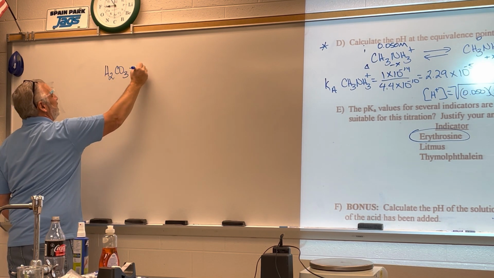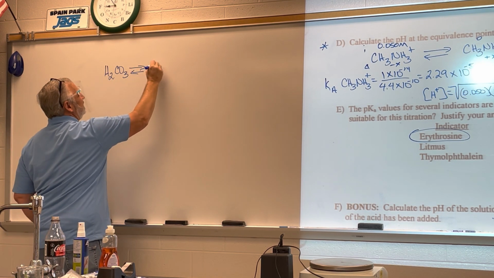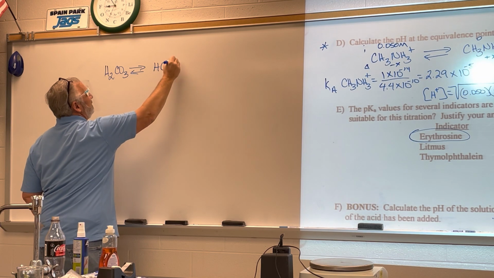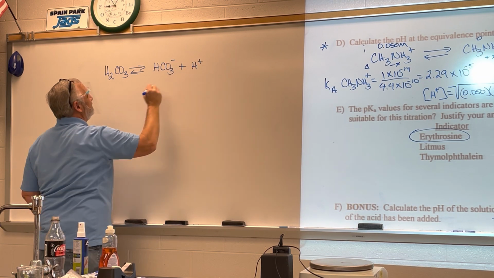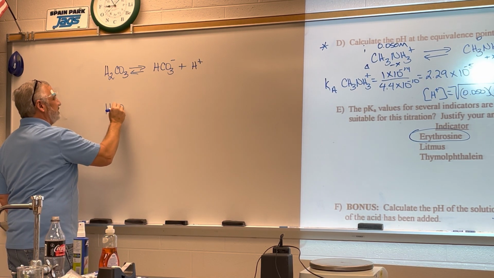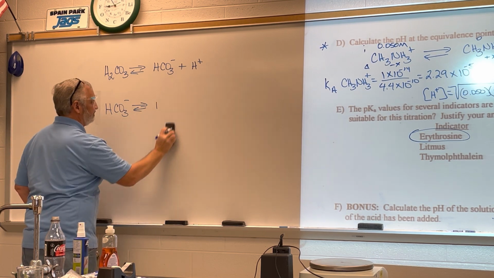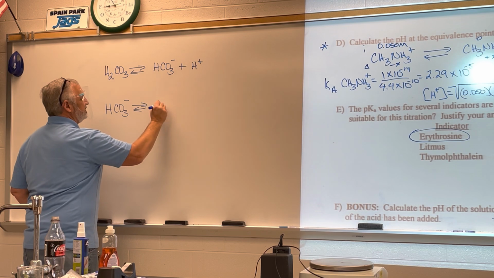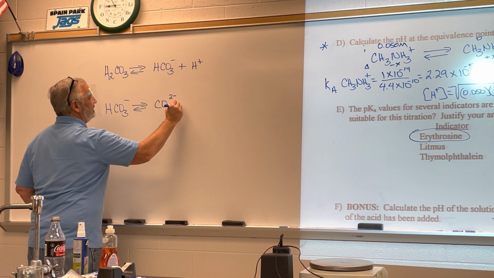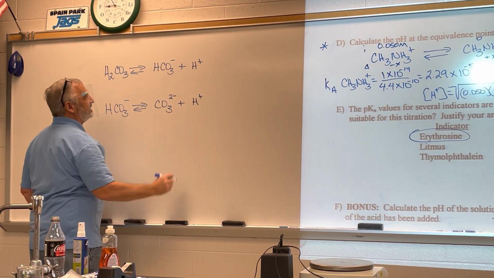H2CO3 goes to HCO3 minus plus H plus. HCO3 minus goes to CO3 2 minus plus H plus.